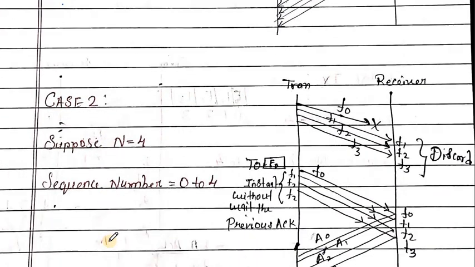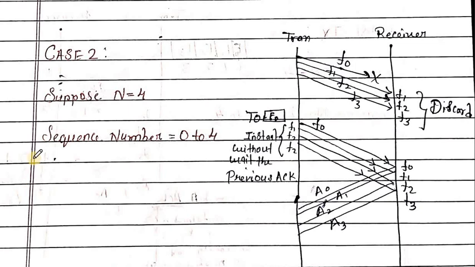Now in case 2, the sequence numbers are 4 and there are 4 frames. Frame 0, frame 1, frame 2, frame 3 are sent continuously. But what happens if frame 0 gets lost? If frame 0 is lost, the receiver won't receive F0.